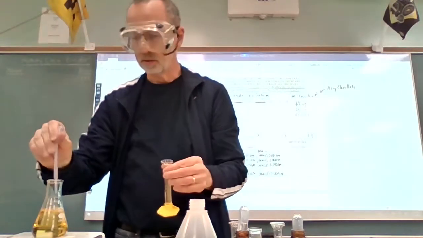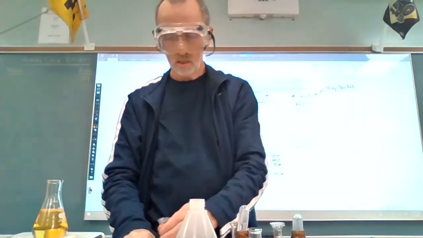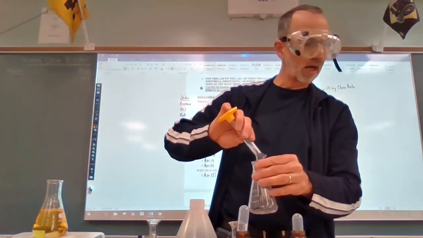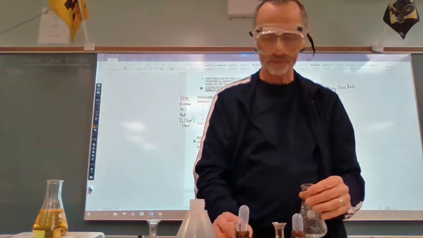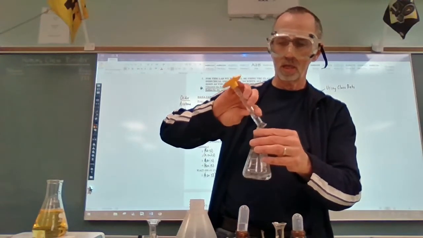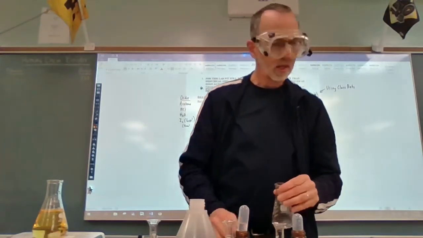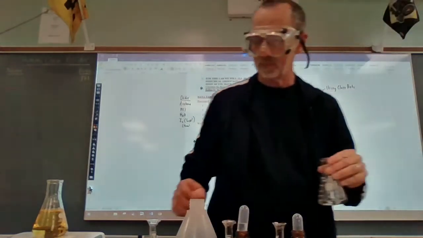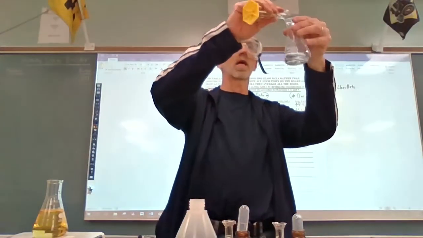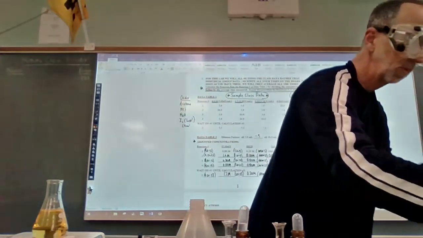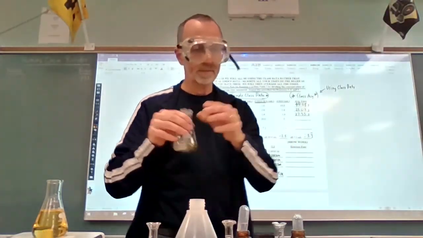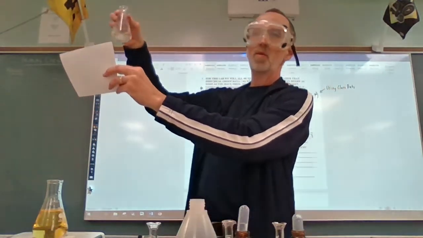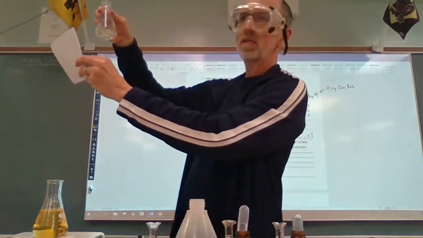There we go. Okay, so I'll add these two. Again, no water on this one. Get the phone reset here. Okay. And here we go. All right. Now this one's a little bit more colorful.